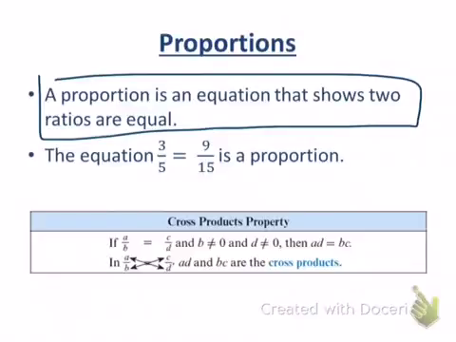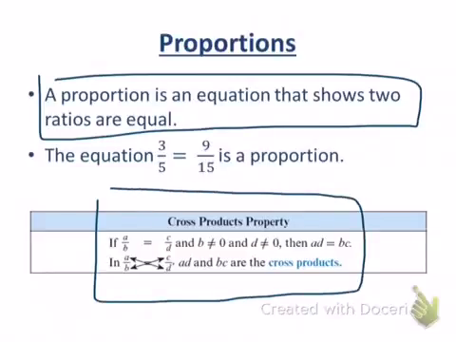So that's a proportion. Now, when we have a proportion, we can use cross products, or we can cross multiply. All right? If A over B equals C over D, and of course, B can't be 0 or D can't be 0, because then you'd be dividing by 0. Then A times D equals B times C. Those are called cross products.